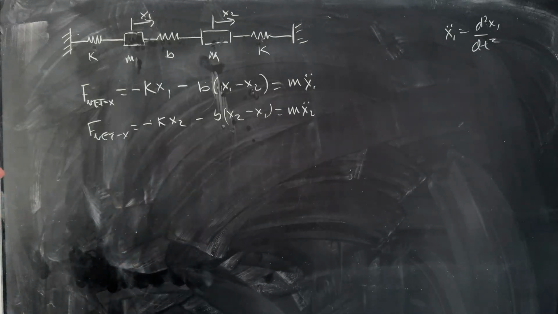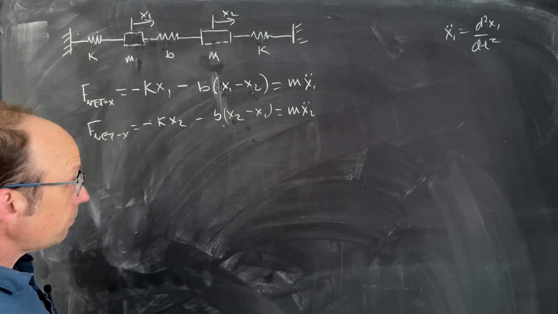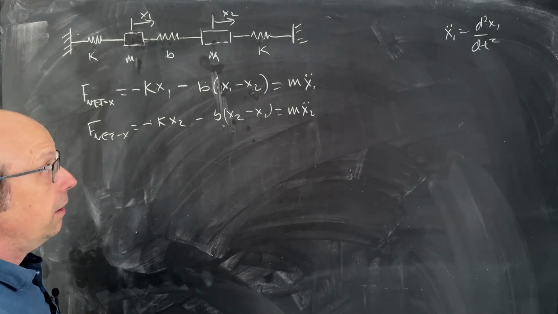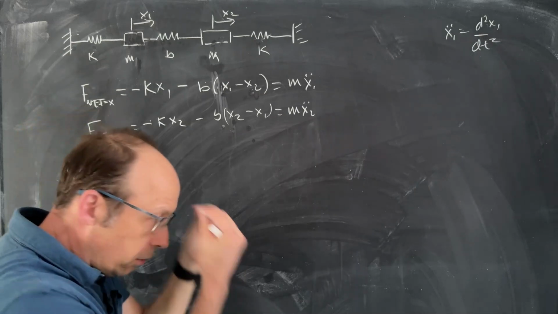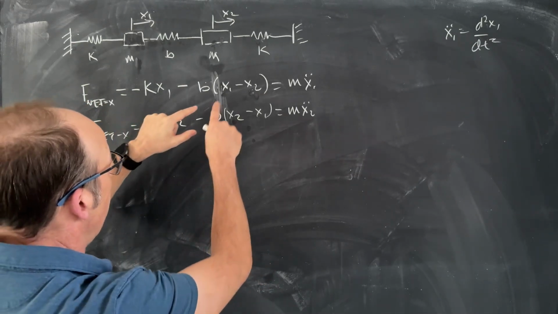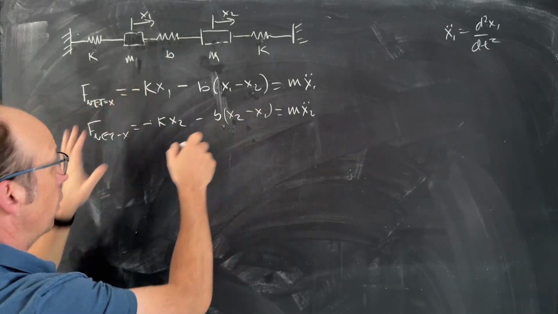Now we have a situation here that we want to solve these equations. There's a couple ways that we could do this. Let's just first look at the situation. I'm going to write this out long term.